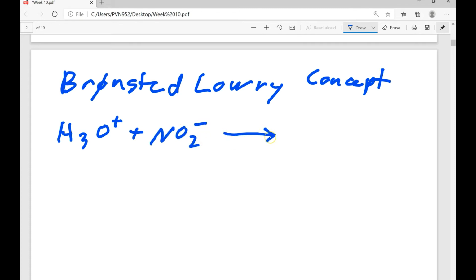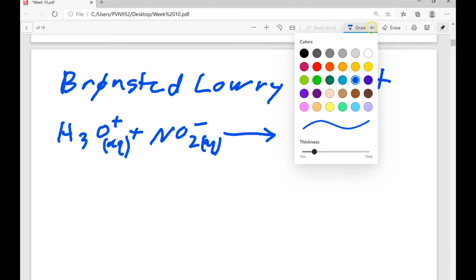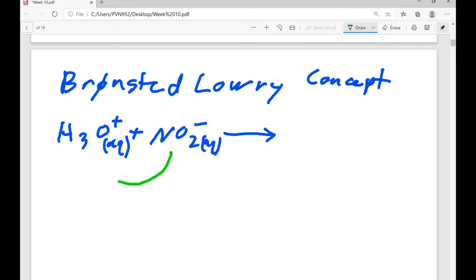So imagine in solution we have the hydronium ion, and we have the nitrite anion. And in solution, what can happen is the anion can accept a proton from H3O+, and what that'll generate is H2O, and it'll generate HNO2.